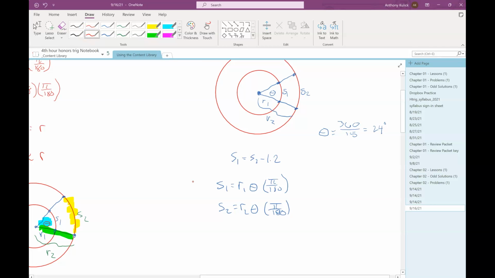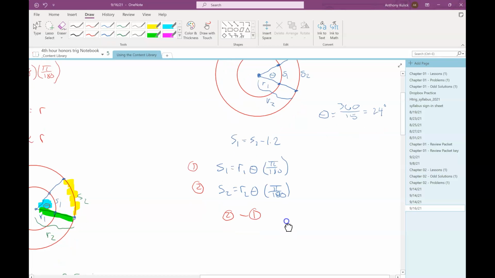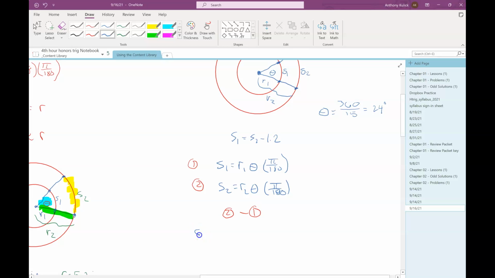So what I'm going to do is take equation 1 and equation 2, and subtract equation 1 from equation 2. When I do that, on the left-hand side, I have S2 minus S1. And on the right-hand side, I have R2 theta times pi over 180 minus R1 theta times pi over 180.